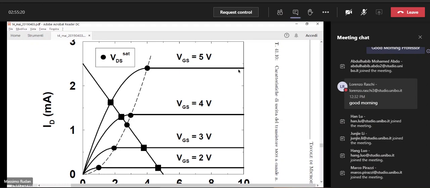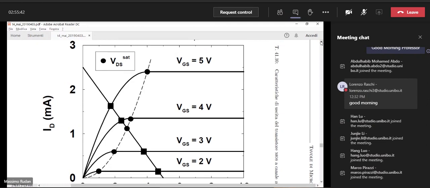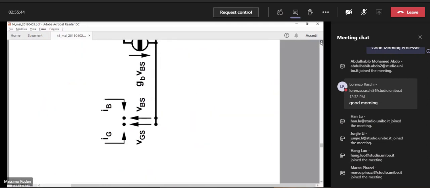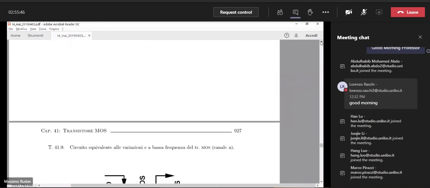We calculate the saturation voltage, VDS sat, and then we impose that from that point on, the current is equal to the saturation value because it stays practically a constant. So we include saturation in the simplified model by this very simple trick.